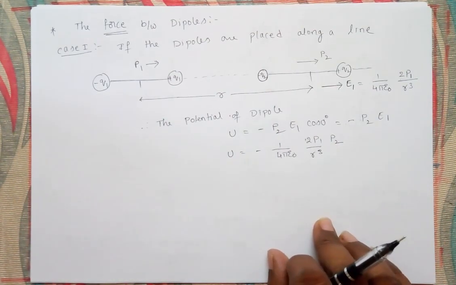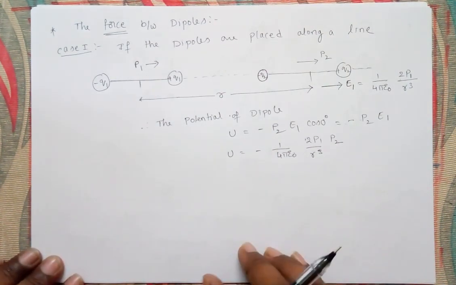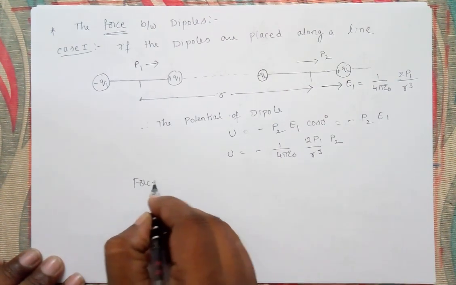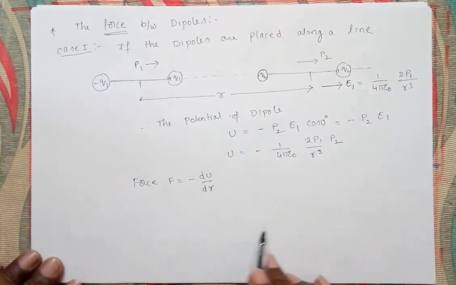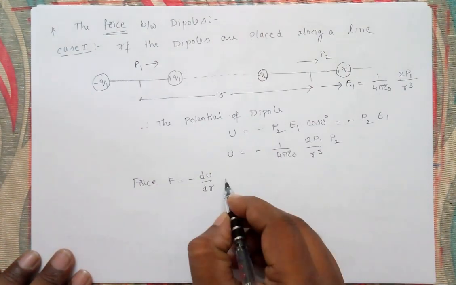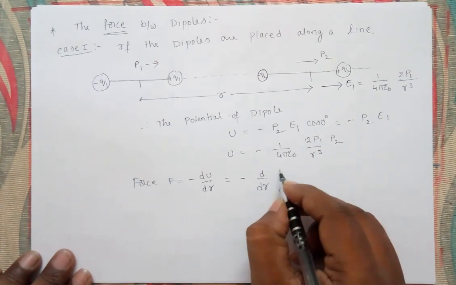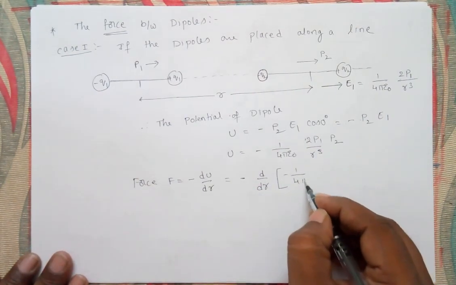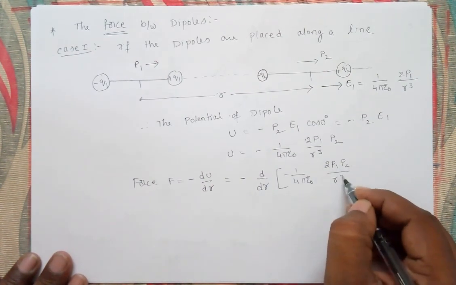So force F equals negative gradient of potential energy, here minus dU by dr. So we write minus d by dr of, what is U here, minus of 1 upon 4 pi epsilon naught 2 P1 P2 by r cube.